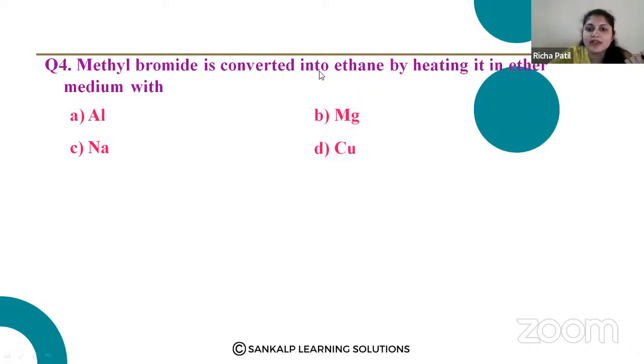Methyl bromide is converted into ethane by heating it in ether medium with? Methyl bromide is an alkyl halide, so it can be converted into ethane. So what is the Wurtz reaction?